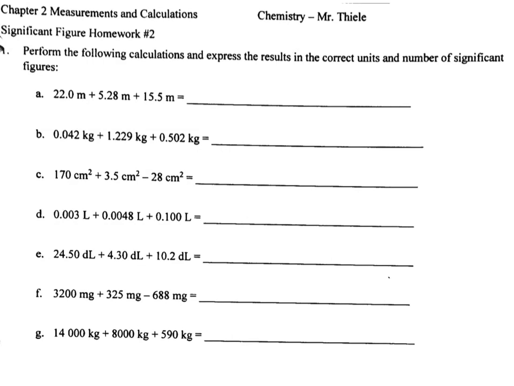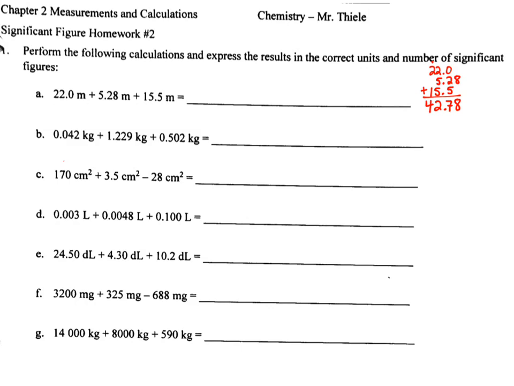And our first one says we have 22.0 meters plus 5.28 meters plus 15.5 meters. And I find that it's much easier to visualize this if we stack our numbers like we used to do in elementary school. So we write 22.0 plus 5.28 plus 15.5, and that gives us 42.78.